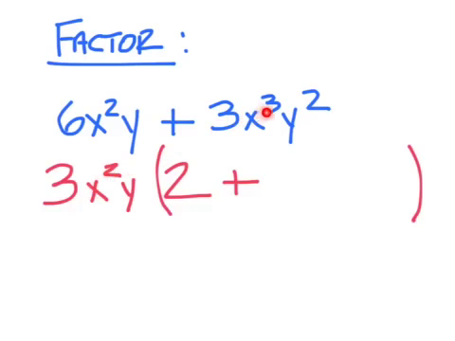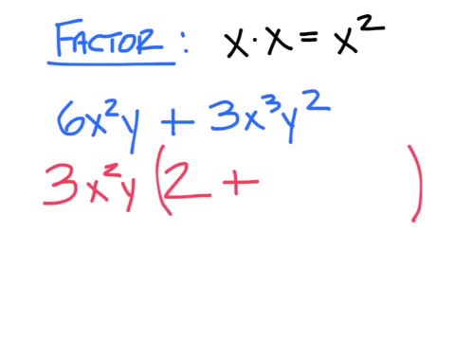X squared times what is going to give me x to the third? X squared times something gives me x to the third. What is x times x? Not 2. Not 1. X times x. X squared, yes.